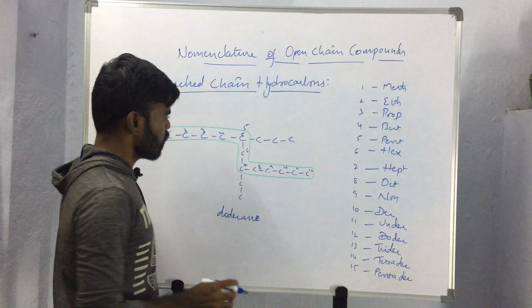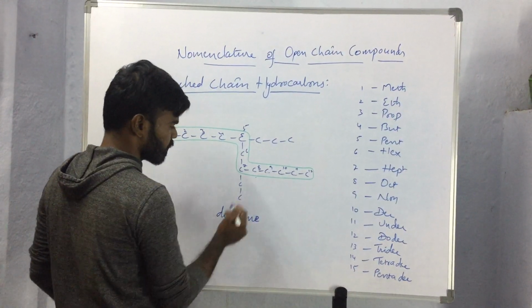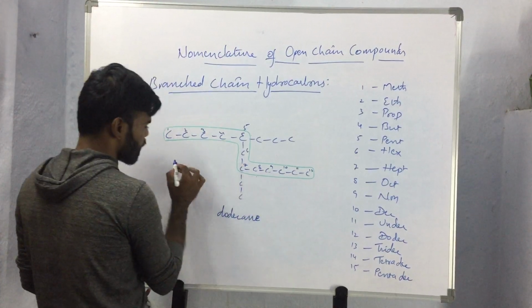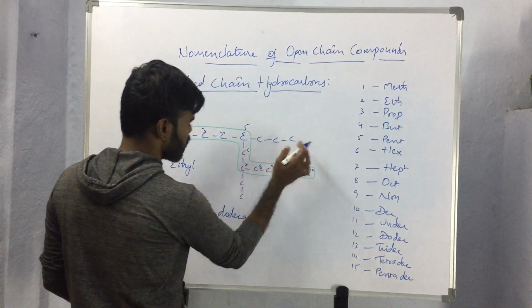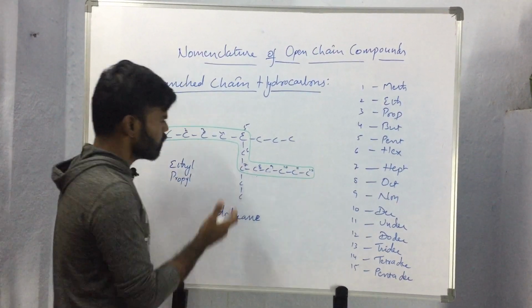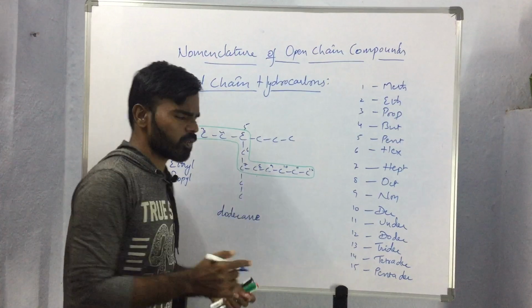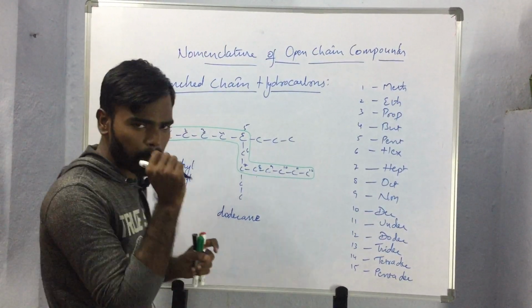Now, what are the substituents or side chains that are present here? Here one ethyl substituent is present and one propyl substituent is present. So in this compound we have two side chains. One is ethyl group, another one is propyl group.